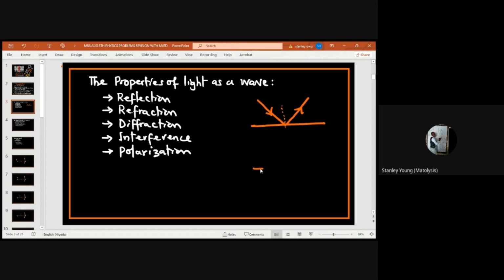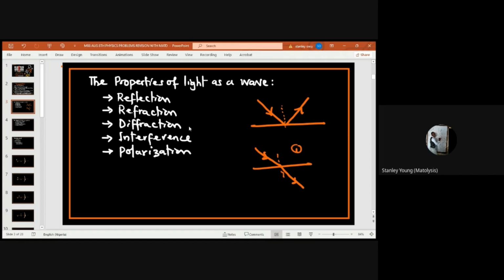For instance, if you have something like this, and you have light coming from medium 1 and eventually entering into medium 2, this kind of movement or occurrence is called refraction. Most times the wave is going to bend away from its initial path of propagation. I'll talk more on that later.